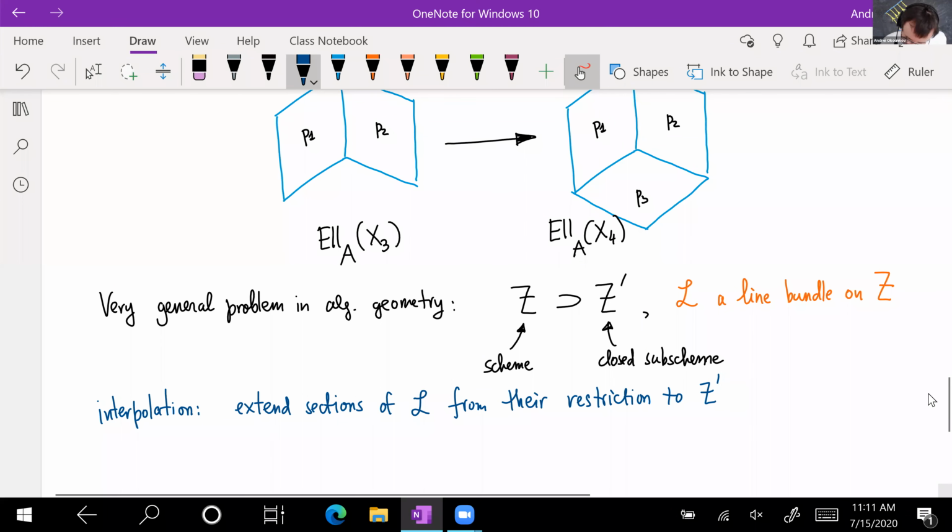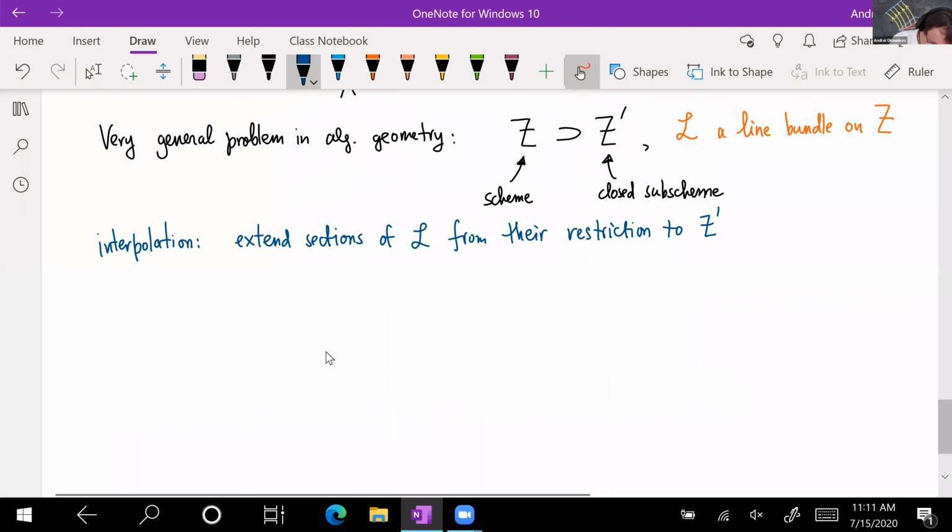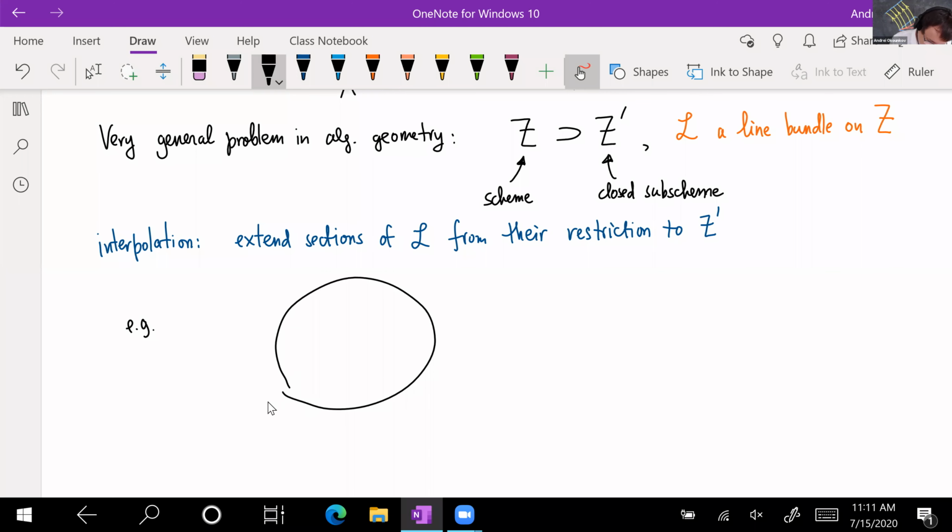Maybe another familiar interpolation is if Z is a surface, and Z prime is a divisor in that surface. Then sections of a line bundle are some other curves on the surface.